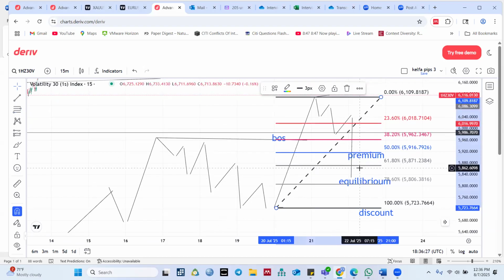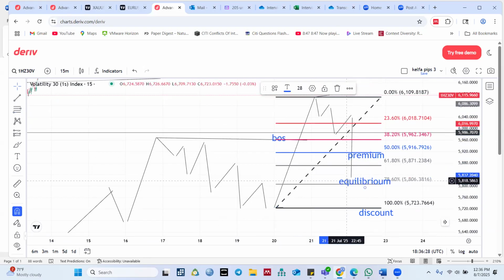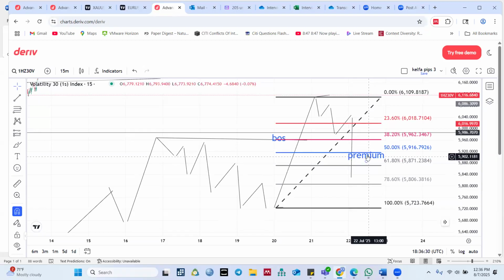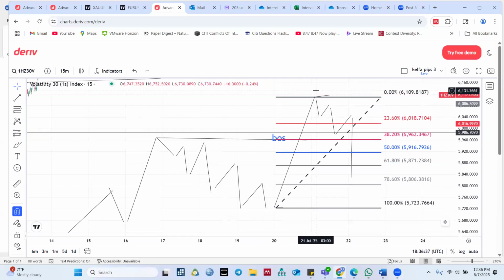And we expect to buy below the 50%, which is discount. So we just wait. Once this trade has been successful, we just wait, and then we buy inside 61.8% or 78.6% when our candlestick confirmations are available, but we buy below.